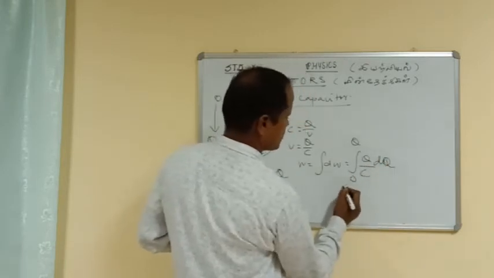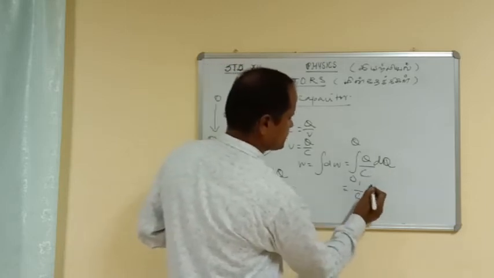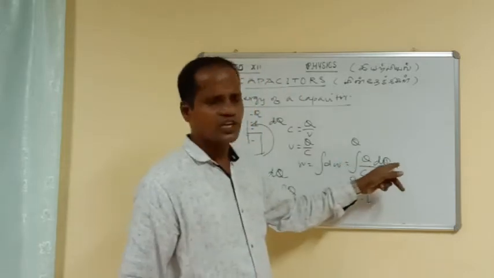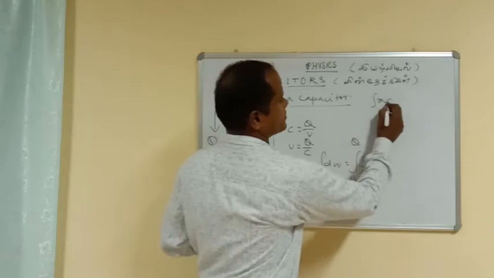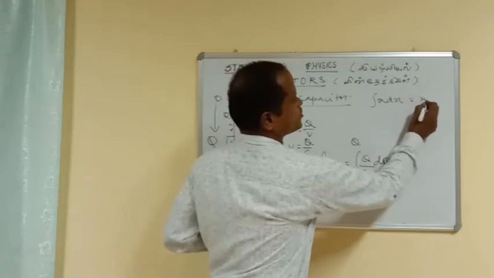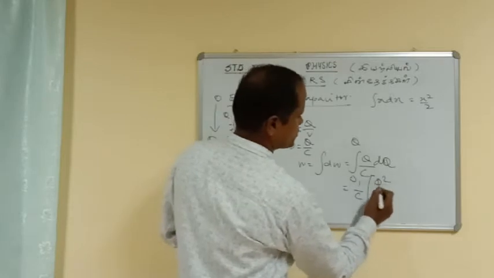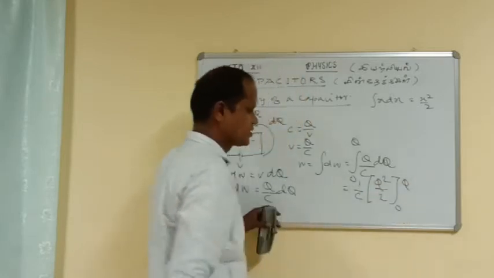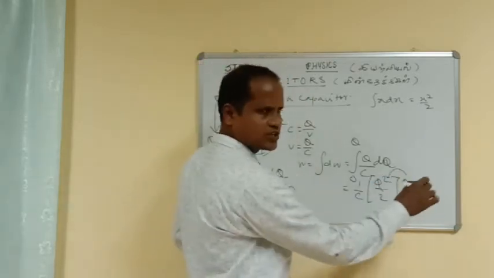So this is equal to what? As C is constant, we can take it out, 1 by C. What's the integration of Q dQ? This is the form of x dx. What's the integration of x dx? x squared by 2. Similarly here, this becomes Q squared by 2, with limits 0 to Q. Substitute the upper value and minus the lower value.